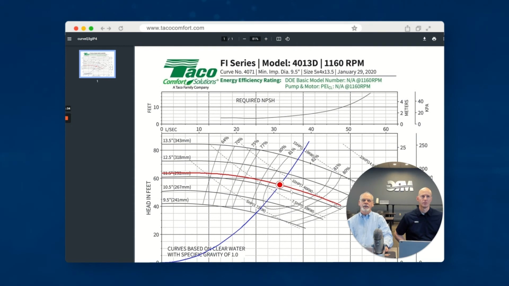And all things work good when you're pumping your water at an efficient level, and your pump is working as it should. If we were to have a drive on here, that would be even better, and you get better efficiency the less horsepower that you're using on your pump.